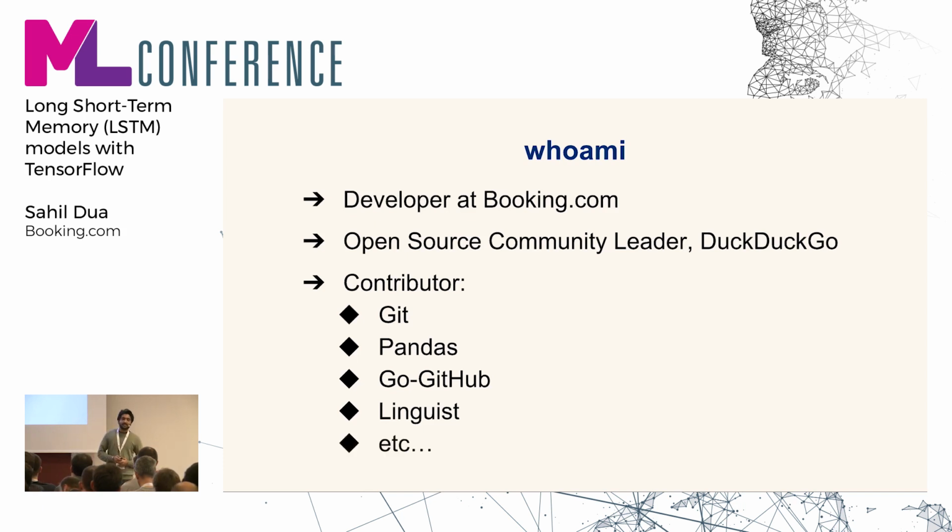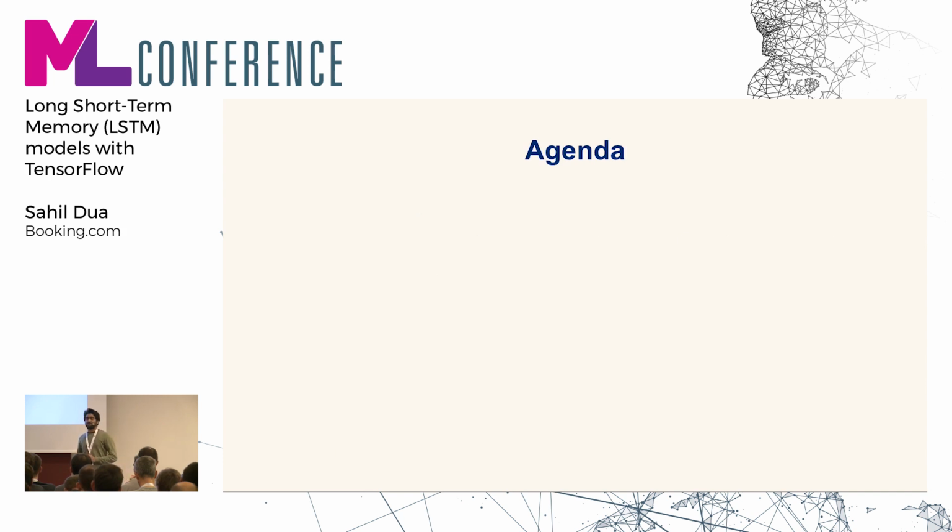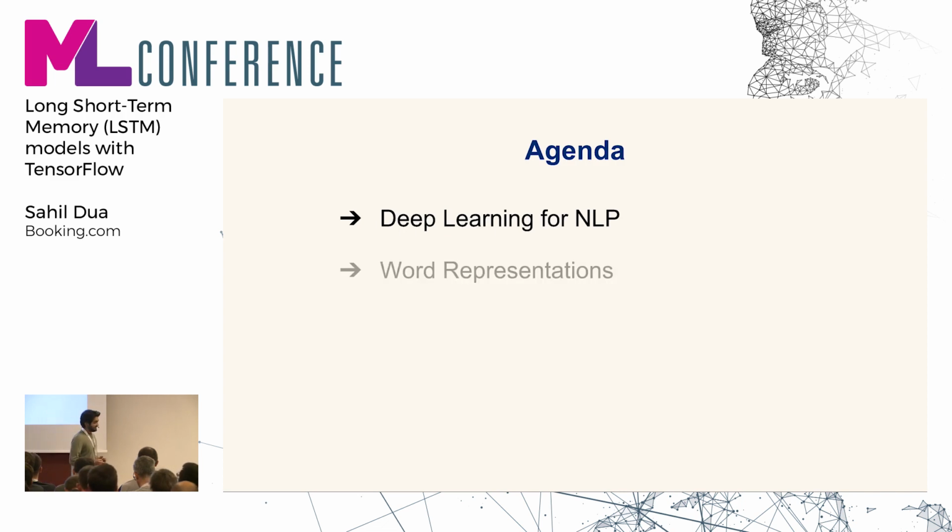So before we start, let me go through the brief agenda of how this talk is going to look like. First of all, I'm going to talk about deep learning, why deep learning is useful in the field of natural language processing. Then I will be talking about the word representations, how to represent the words and why that representation is important, why do we care about that.